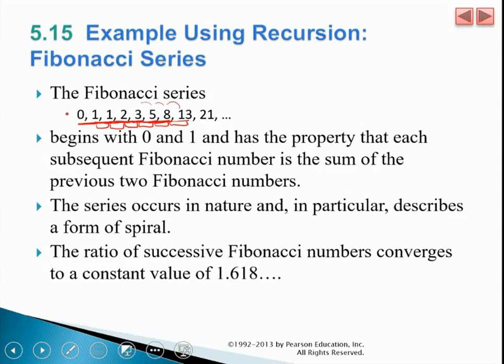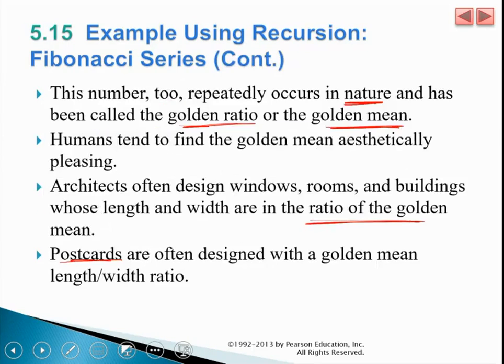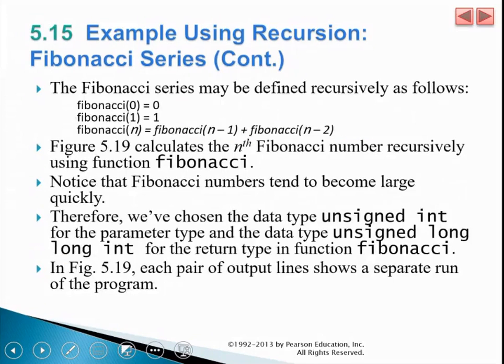But as a programmer, what we have to do is start with 0 and 1, and then to get the next number, just take the sum of the previous two Fibonacci numbers. This is how we will make a Fibonacci series. So what will be our base case? If you want to make a recursive function, first you have to think of the base case.